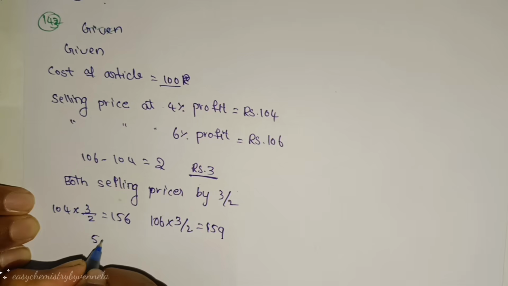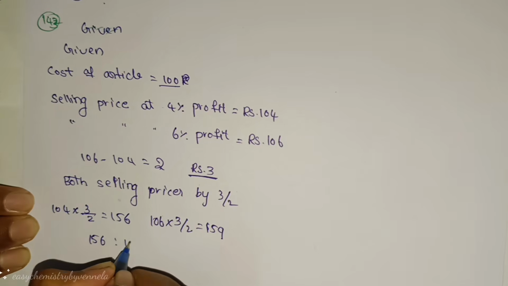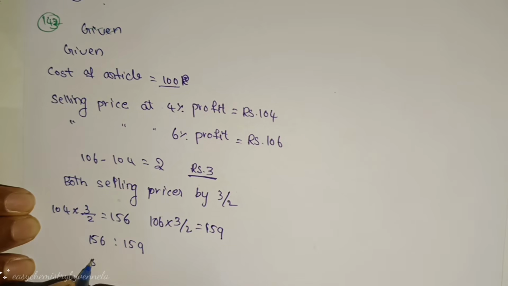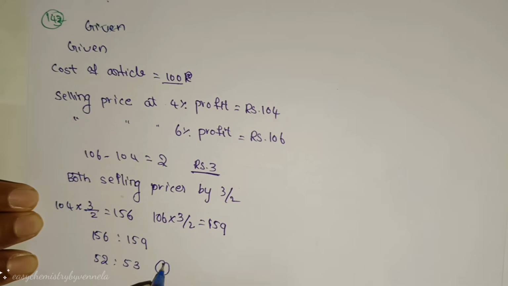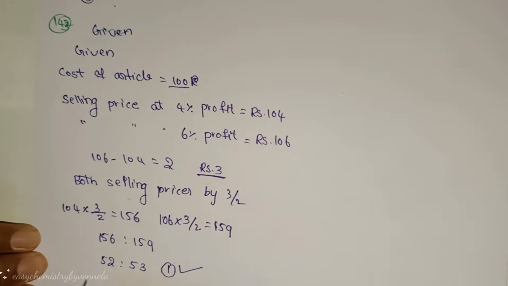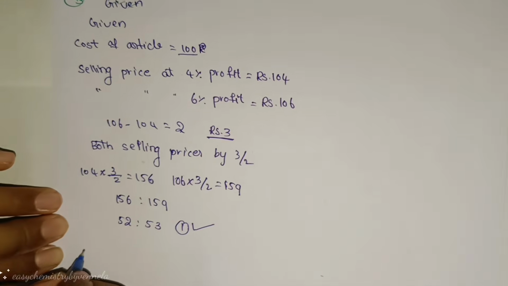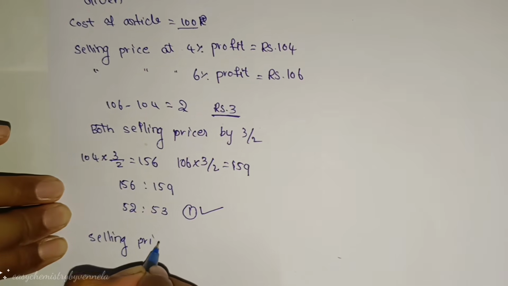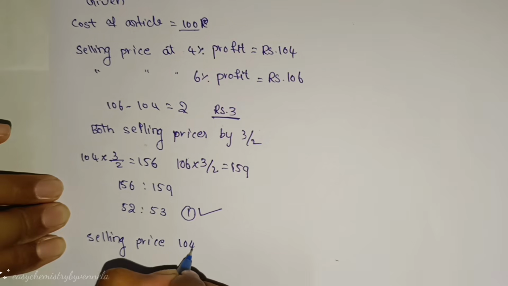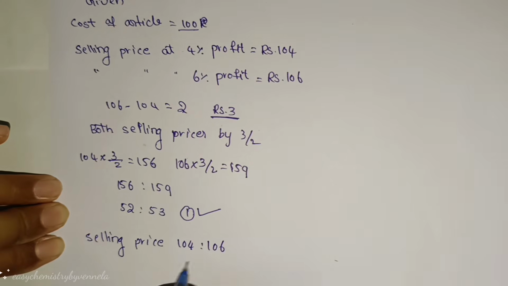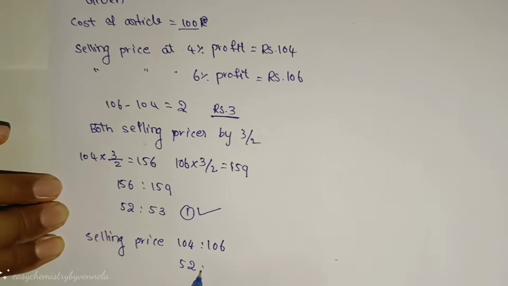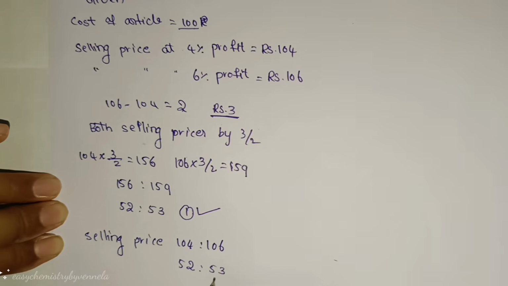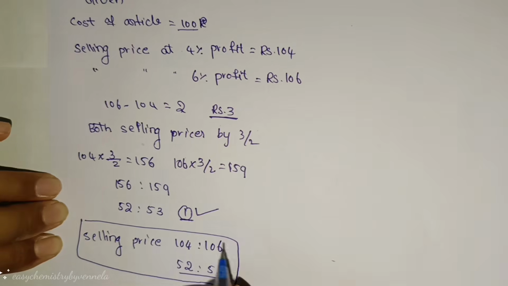So the ratio is 156 is to 159, so 52 is to 53. The first one is the correct option. In the shortcut method, the selling prices are 104 and 106, so the ratio is 52 is to 53. First one is the correct one.